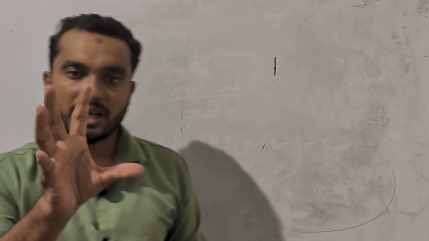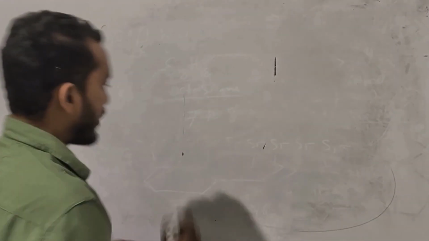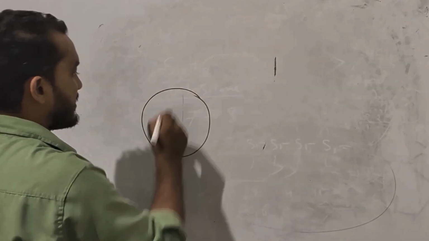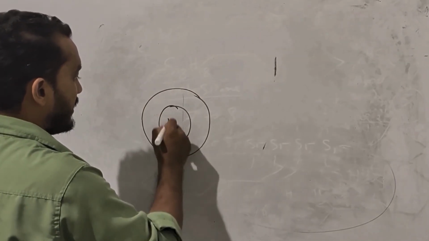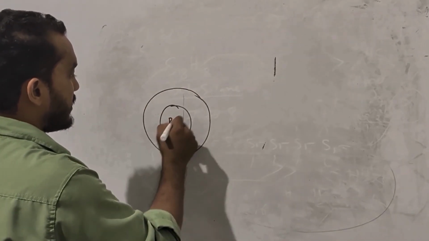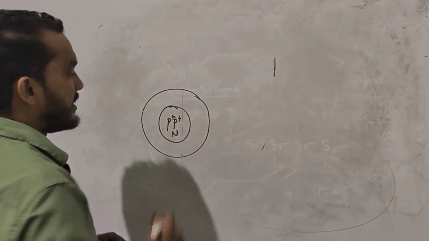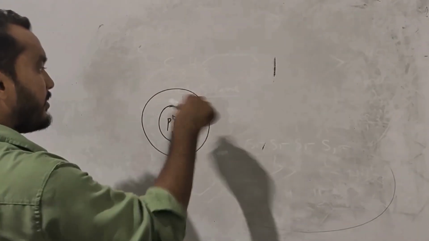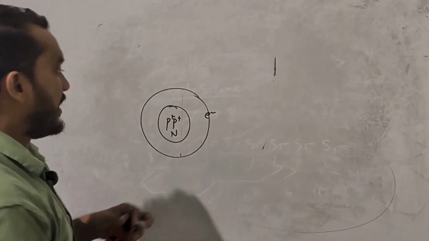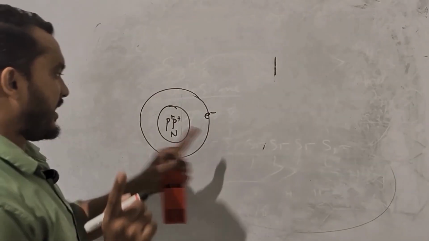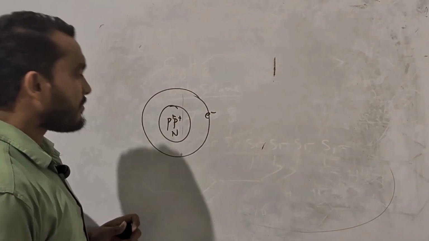Why? Because carbon is small in size. Whenever an atom is smaller in size, suppose this is the carbon atom, in the middle there is a proton and neutron of an atom, or not? And there will be shells, there will be electrons. Let me consider this the outer shell of the carbon.